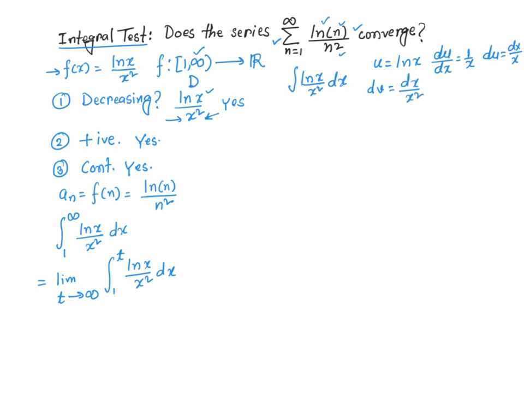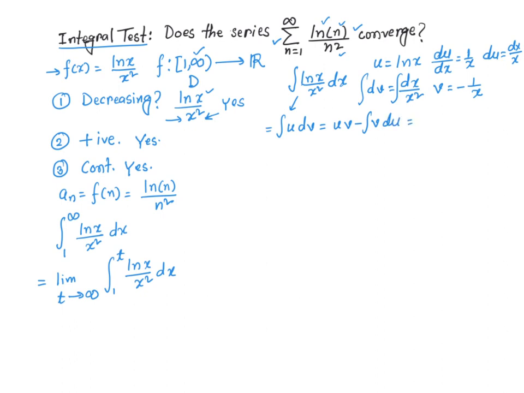If we integrate both sides with respect to the corresponding variables, we get v equal to negative 1 over x. So this is going to be equal to the integral of u dv, which is uv minus the integral of v du.